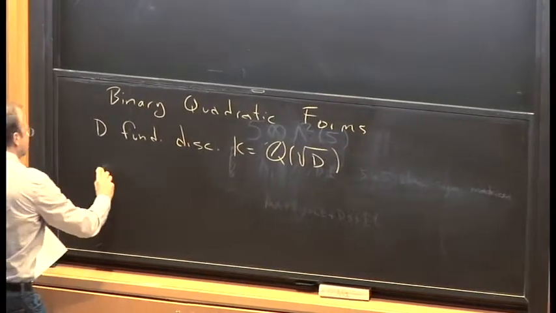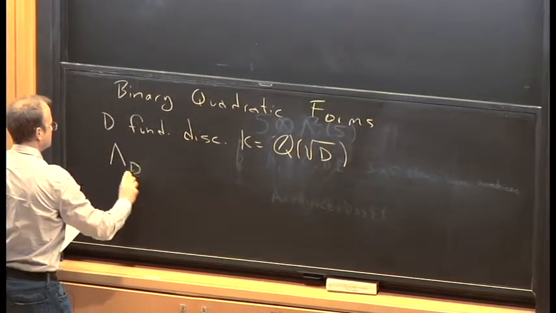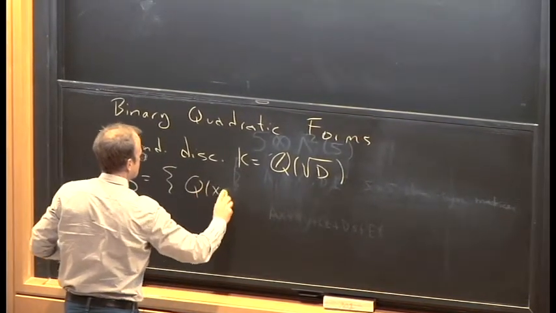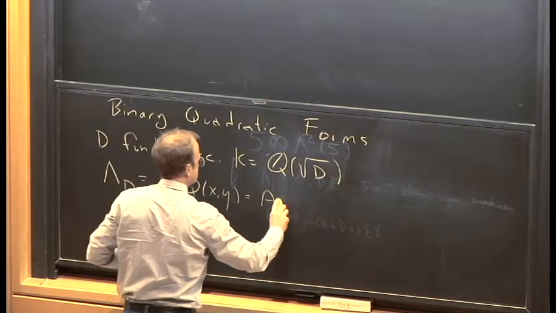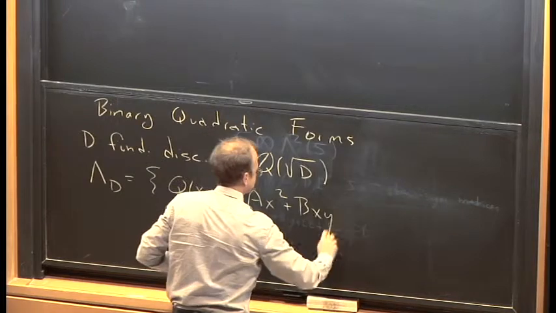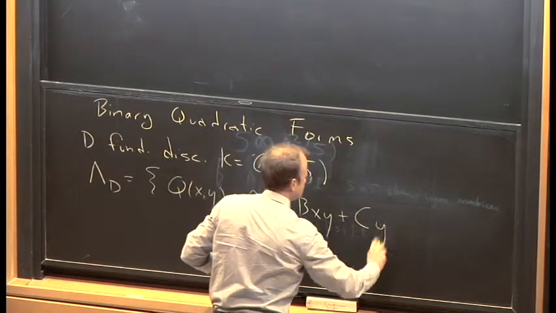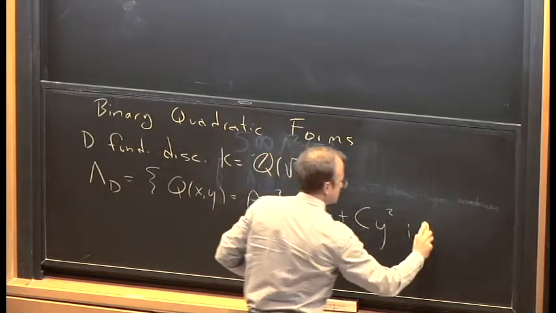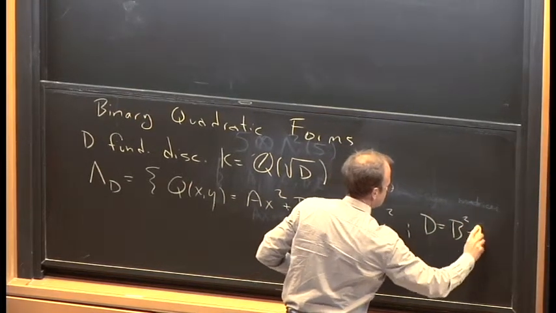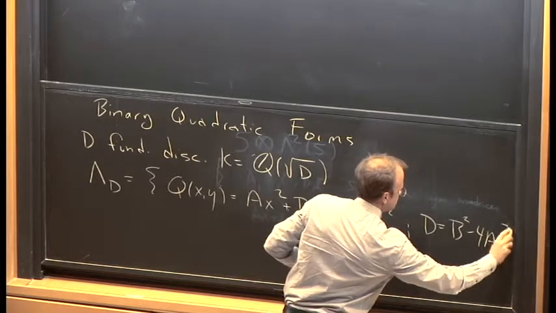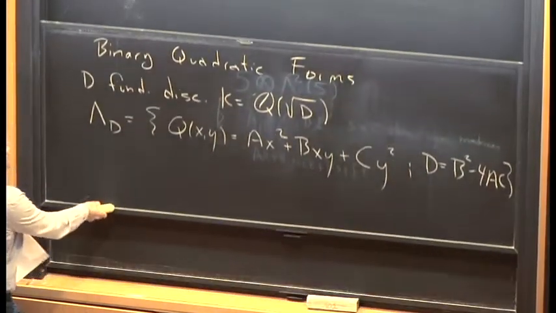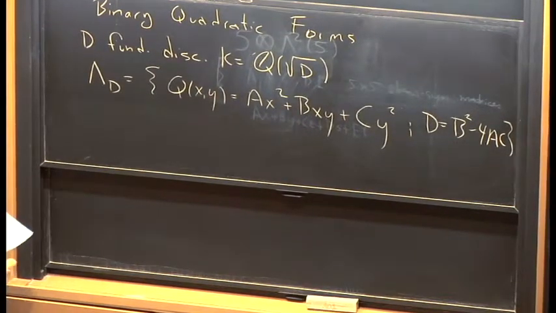I want to consider the binary quadratic forms of discriminant D. Since we're assuming it's fundamental, these are going to be primitive, and assume A is positive if D is negative.